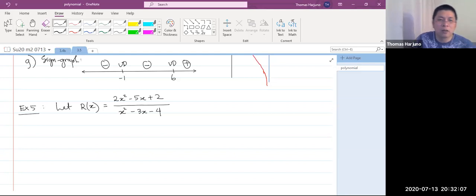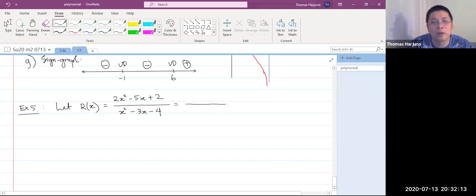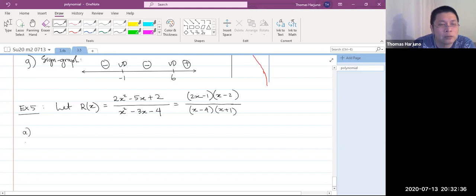I think nothing cancels here. Let's factor it first. Always, you need to factor it first. Okay, so this is 2x minus 1 times x minus 2 over x minus 4 times x plus 1. So factor it first and then find the domain.